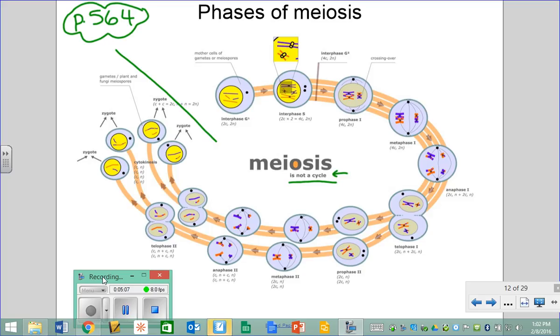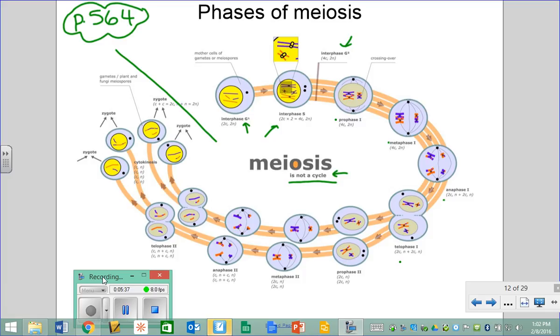Some of the things that you should notice about meiosis just as a whole, first of all, is that I start out the same way I start out when I'm doing mitosis. The cell goes through interphase: G1, S, G2. It starts the same way. Then I have prophase, metaphase, anaphase, telophase.